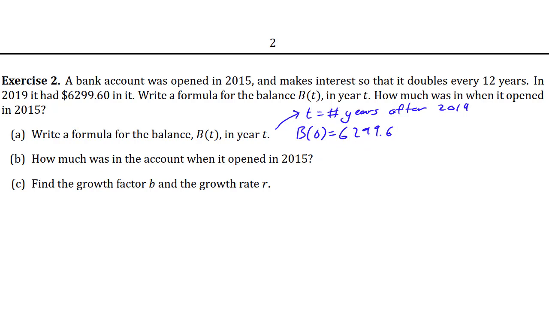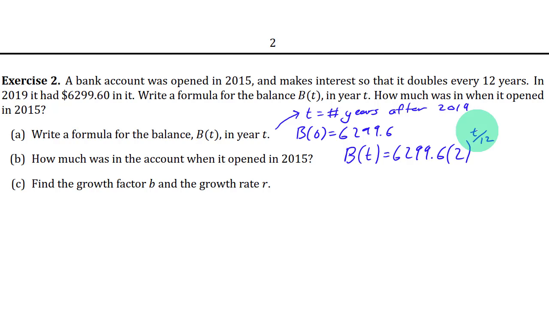The formula, when you're given the doubling time, is going to be B of t equals 6299.6 times 2 to the power t divided by 12.